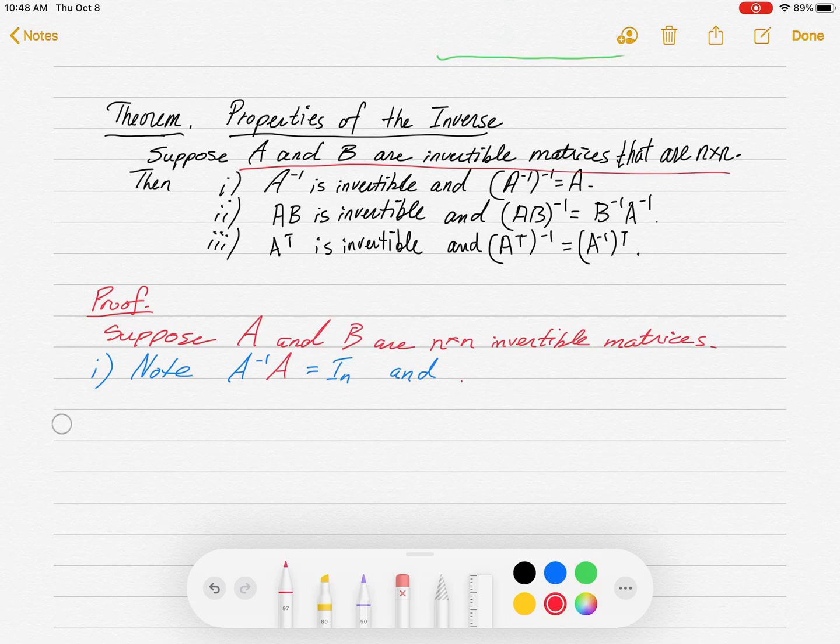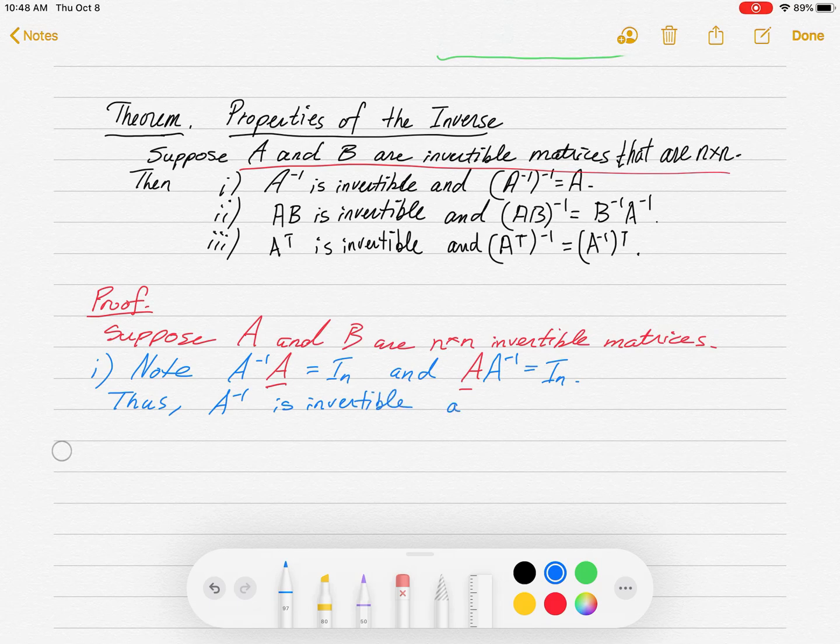Well, if you take A inverse times A, you get the identity. And likewise, if I take that red A and multiply it on the left of A inverse, I also get the identity. So because I'm able to multiply A inverse by something, what is that something? It's A, right? And get the identity, that means A inverse is invertible.